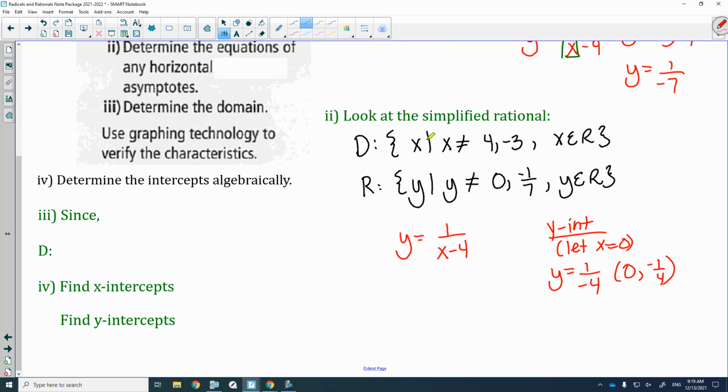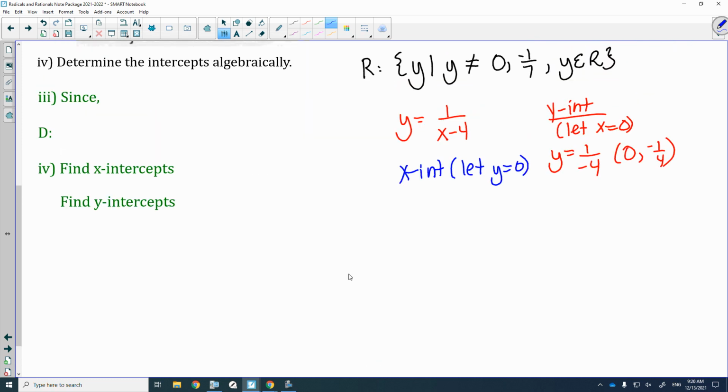To get the x-intercept, we're going to let y equal 0. Okay, and watch what happens here. If this becomes 0, then you want to get rid of this denominator, so multiply both sides by x minus 4.